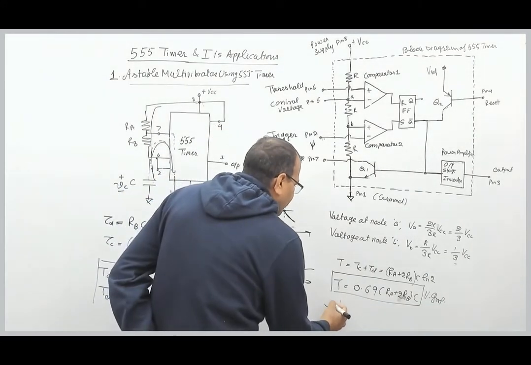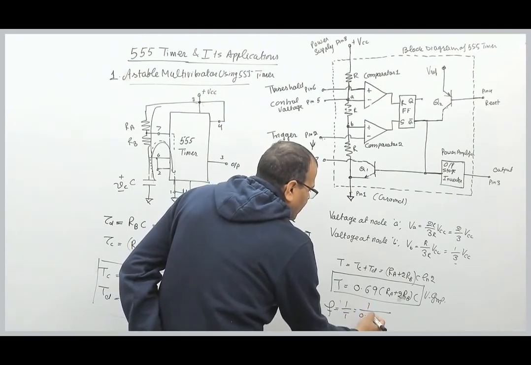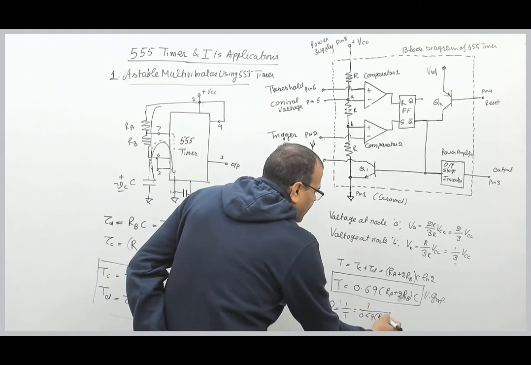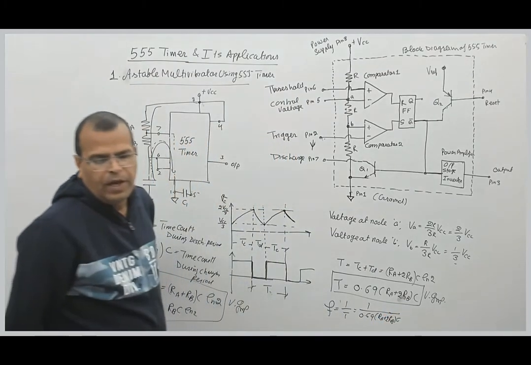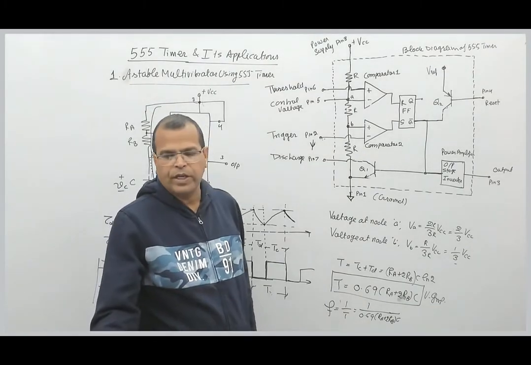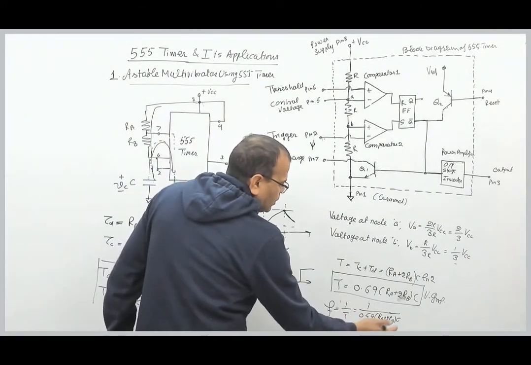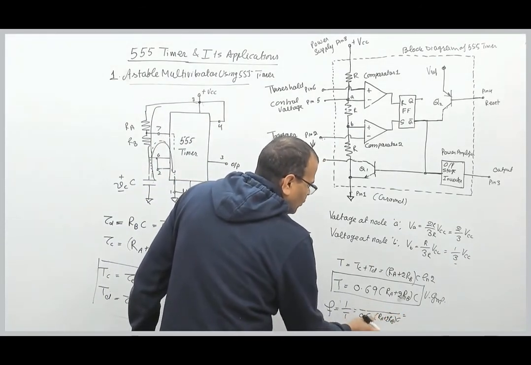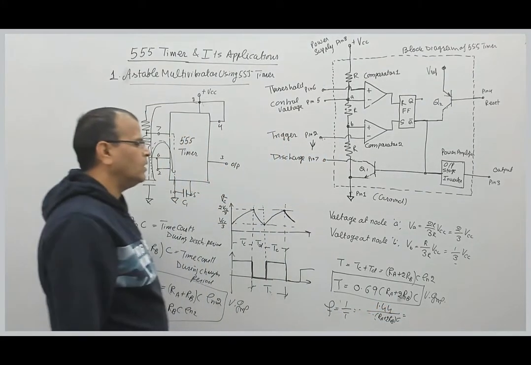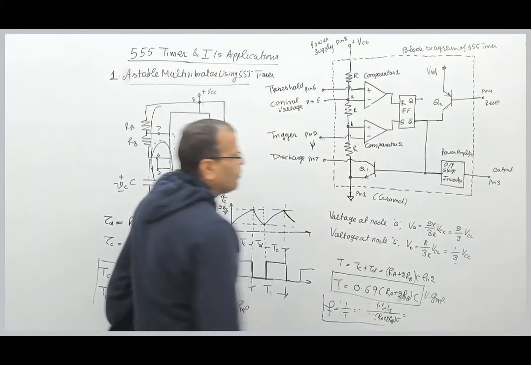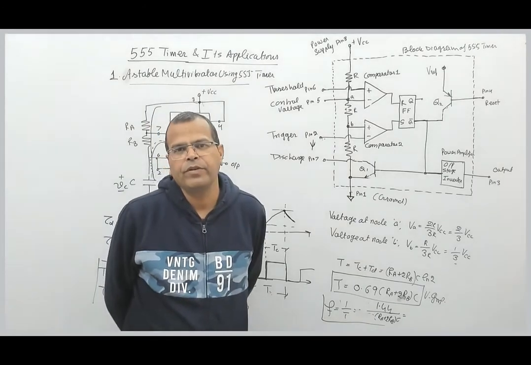If you want to find the frequency, the frequency is 1 by T, that is 1 by 0.69 (RA plus twice RB) into C. Taking 0.69 to the numerator gives 1.44, so the frequency is 1.44 by (RA plus 2RB) into C. This is the frequency of the output of the astable multivibrator using 555 timer.